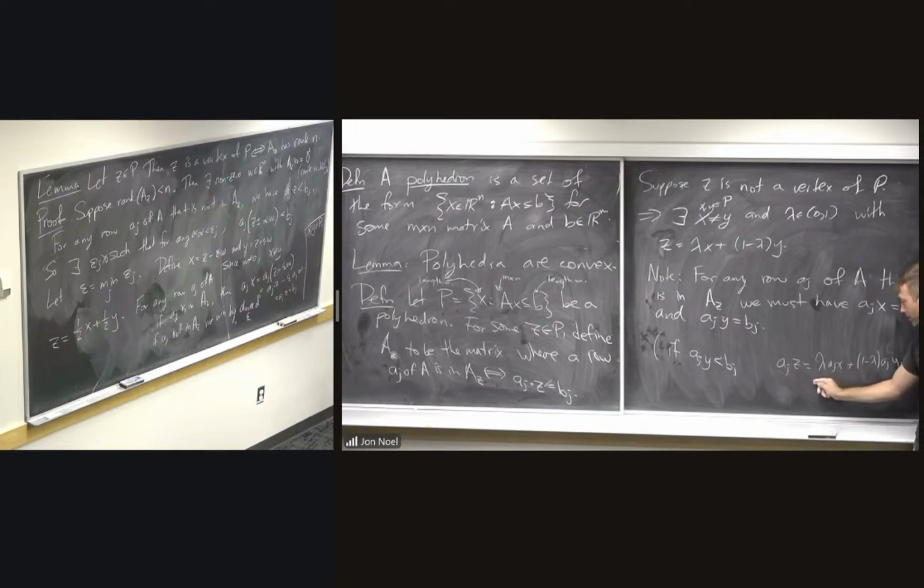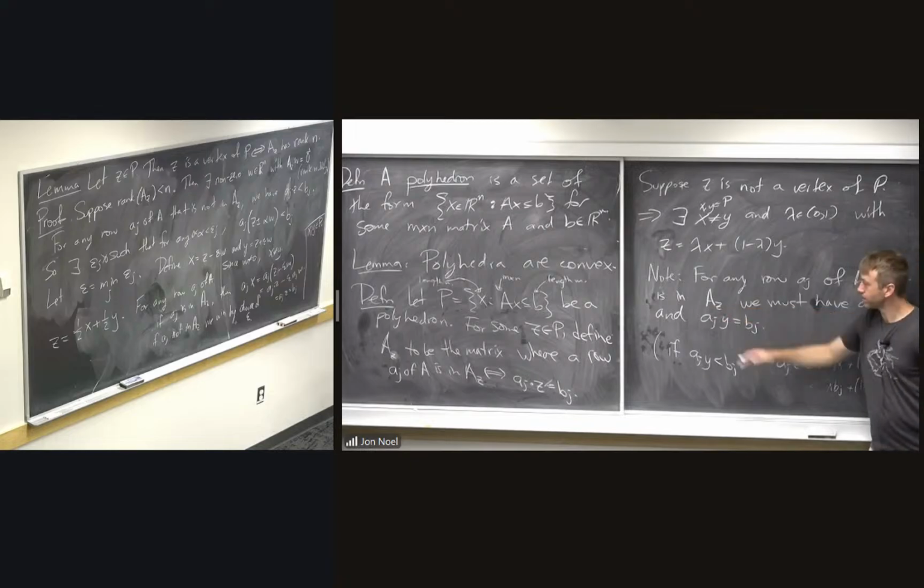This one's at most lambda times bj, but this one's strictly less than 1 minus lambda times bj. So we would have a strict inequality. And here I'm using the fact that lambda is not 0 and not 1, right? Because if lambda was 1, this would be just 0, but lambda is not 0 or 1. So this would contradict the fact that aj is in the matrix AZ. That would be a contradiction.